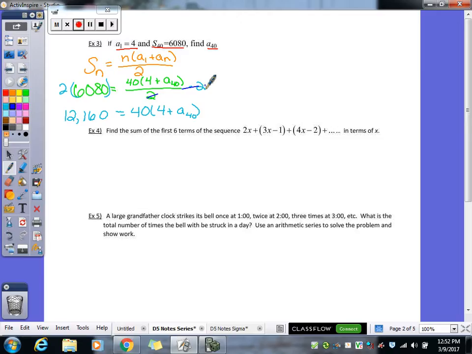Yep, now we would want to divide by 40. And when we divide by 40, what do we get? Yep, 304. So then we subtract our 4, and our 40th term is 300.